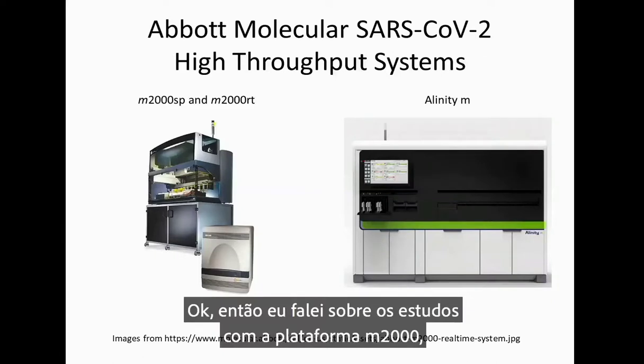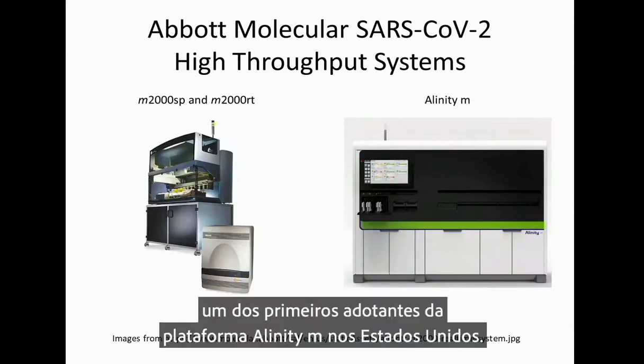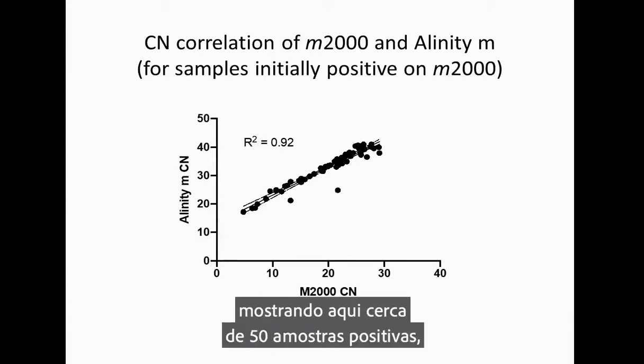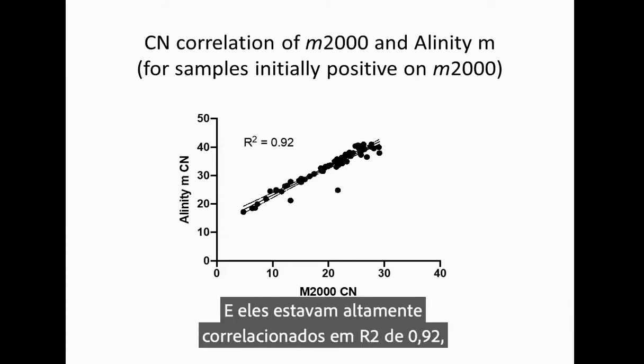Okay, so I've told you about studies with the M2000 platform shown on the left-hand side of the screen. We were very excited to be one of the first adopters in the United States of the Alinity M platform. So we wanted to get a feeling for how the assay performed against the M2000. Shown here, about 50 positive samples comparing cycle numbers for the M2000 and the Alinity, and they were highly correlated with an R-squared of 0.2.